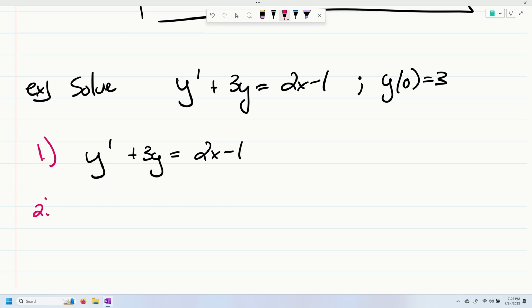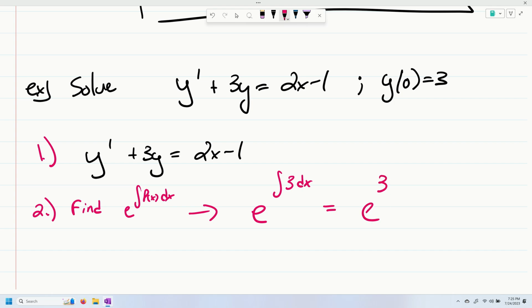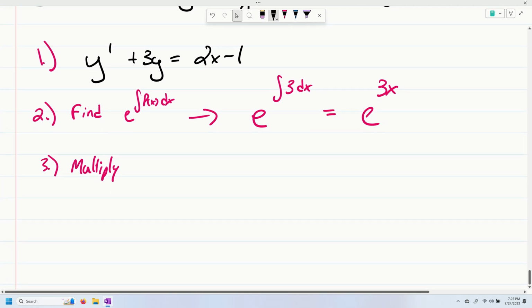Step 2, find our integrating factor. Well, in this case, it's just going to be e to the integral of 3 dx, which turns out to be e to the 3x. And that's as far as you can simplify it. So step 3 is we're just going to multiply everything by e to the 3x.